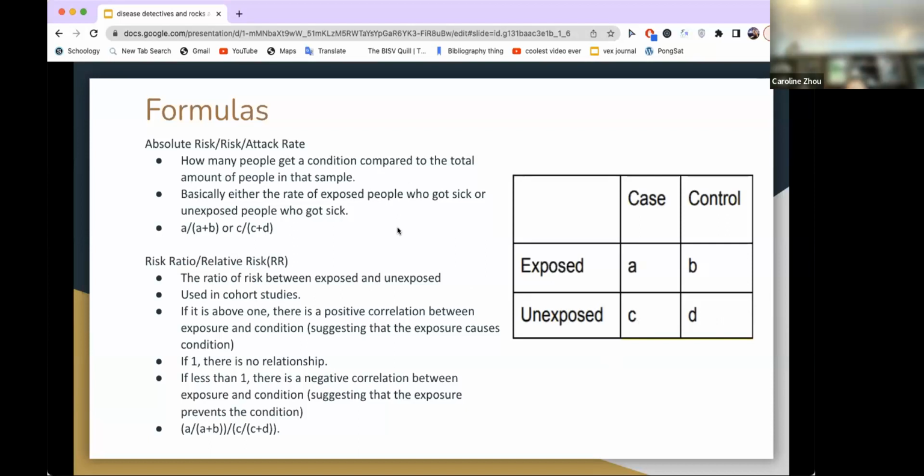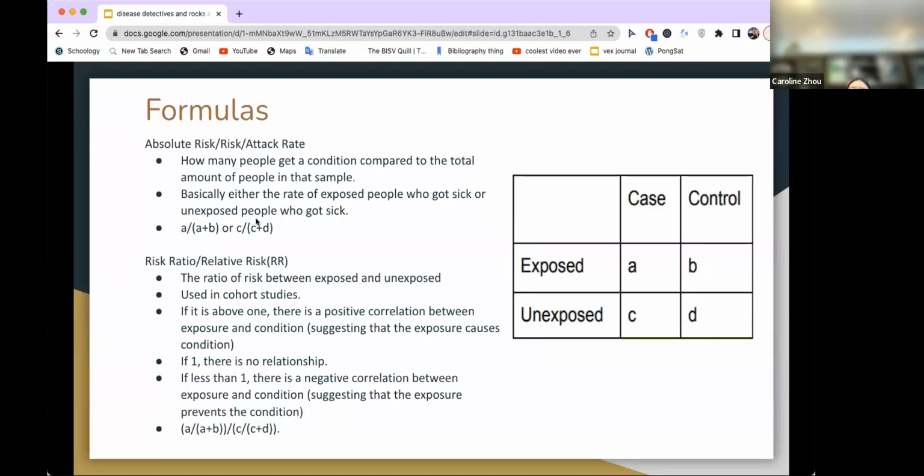If it is 1, then there is no relationship. If it's less than 1, there is a negative correlation, which means that the exposure prevents the condition. And you calculate it by the risk of exposed people divided by the risk of unexposed people.